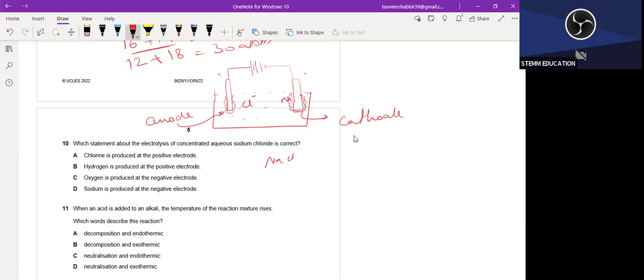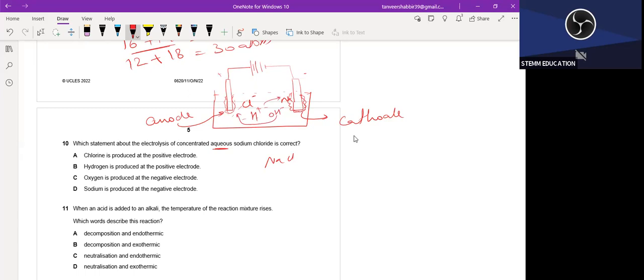And because it is written as aqueous, water will also be in this form, H plus and OH minus. So OH minus will go to this place and H plus will go to this place.